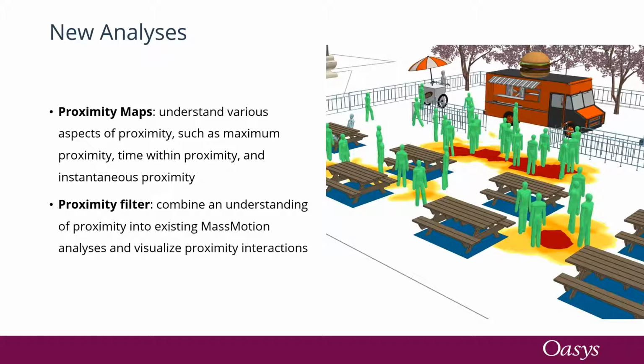The kind of emergent behaviors that are very hard to do in a spreadsheet or just thinking about how different populations might interact. The current MassMotion analytical system allows you to really drill down into those subsets of the population.